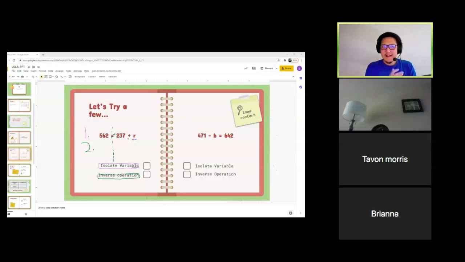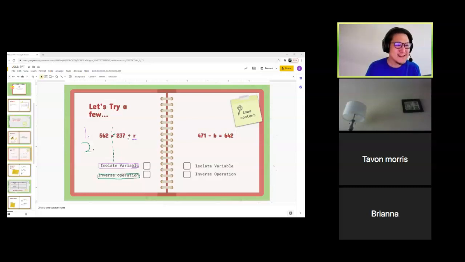All right. How does this sound? If you have traveled over this weekend, feel free to unmute yourself and tell me what is the inverse of addition.